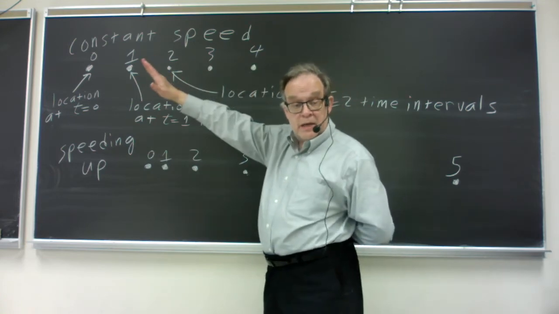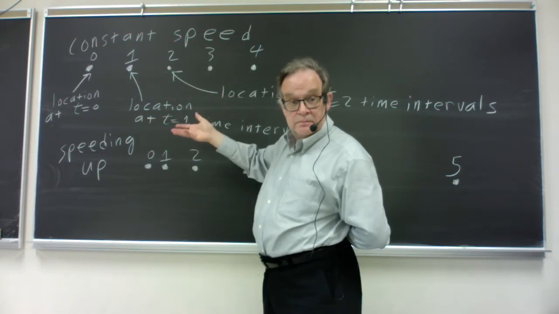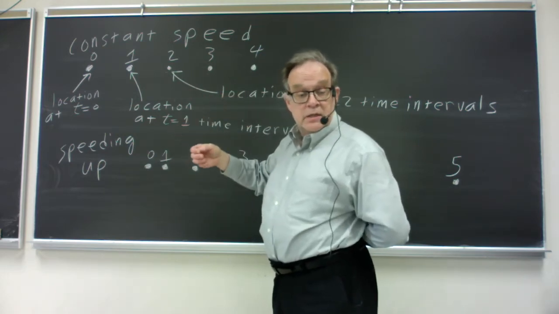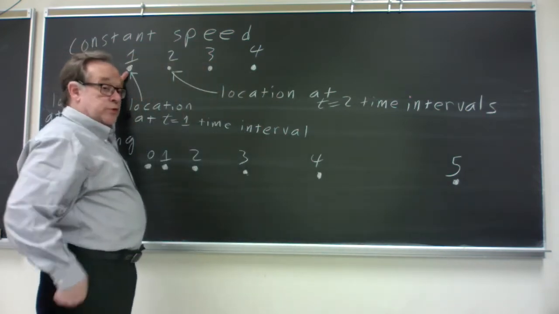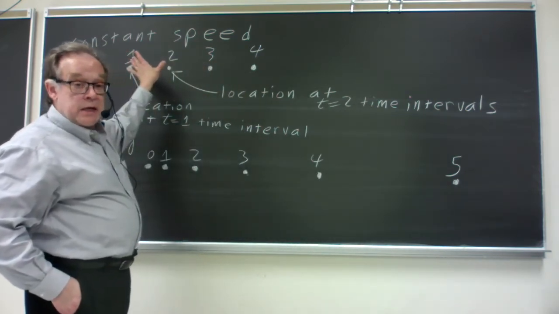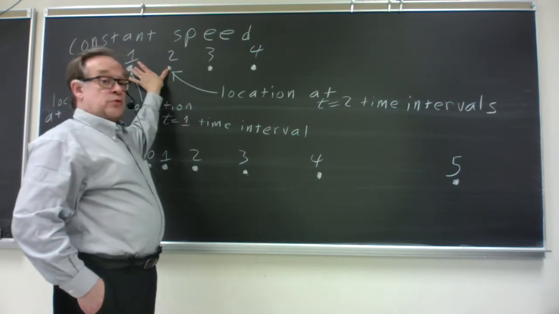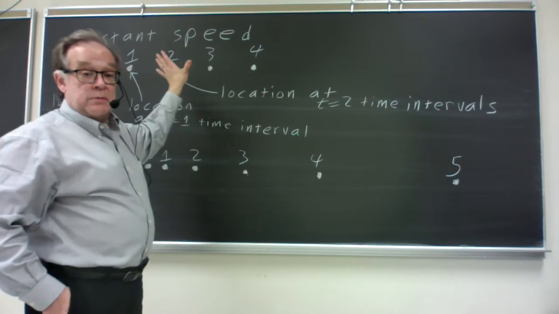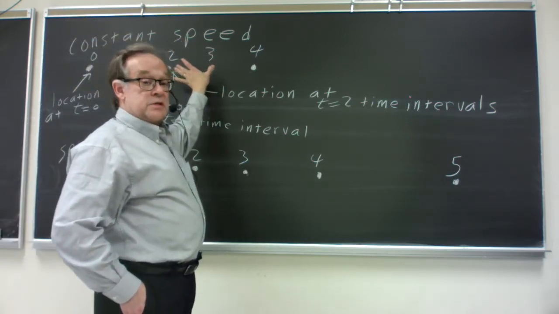Note that the spacing between consecutive dots is the same, indicating that during the first time interval the object traveled this far, and during the second time interval, which is the same amount of time, it traveled the same distance. And in the third time interval, the same amount of time, it traveled the same distance.